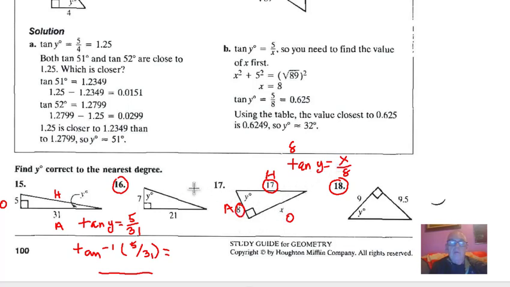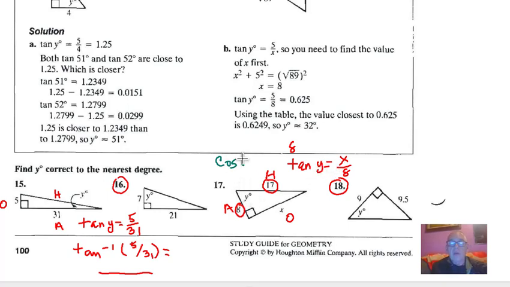So this actually needs to be a cosine problem because 8 is an adjacent side and 17 is a hypotenuse, and those are the two numbers that we're dealing with on this one. So this is really cosine. This is the tangent ratio, but it can't be taken any further than 8 tan y is equal to x. But without knowing x or y, we can't do anything else.